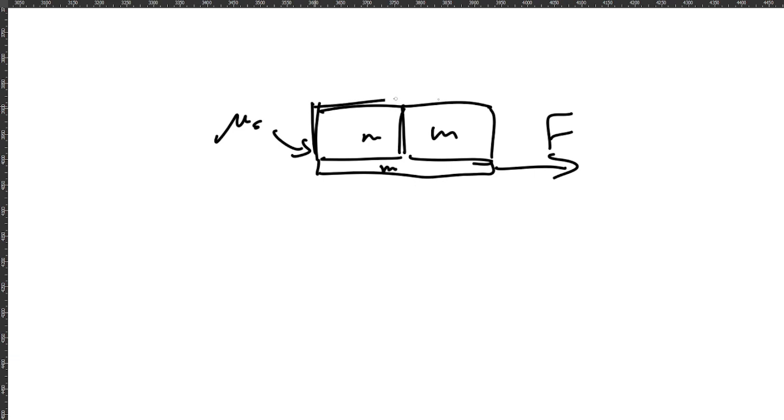We can treat these 2 boxes as one box with 2m for the time being. This box has a mass of 2m. We know that everything here has to have the same acceleration, an acceleration of F divided by 3m.